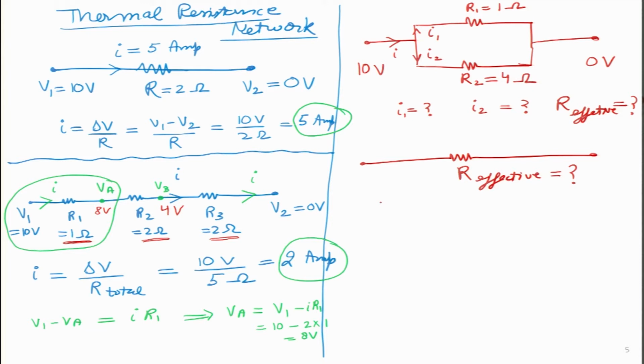So, we will use the parallel law. So, we will say R total is equal to 1 by R1 plus 1 by R2. In other words, I can solve this, and the R total expression will turn out to be R1 into R2 divided by R1 plus R2.